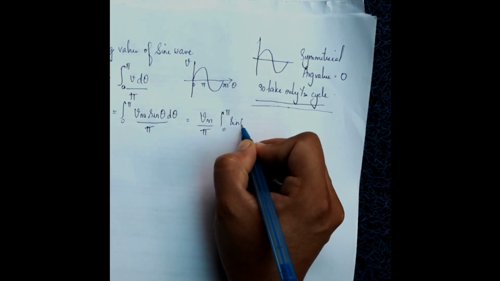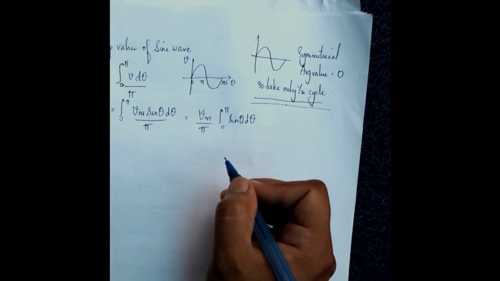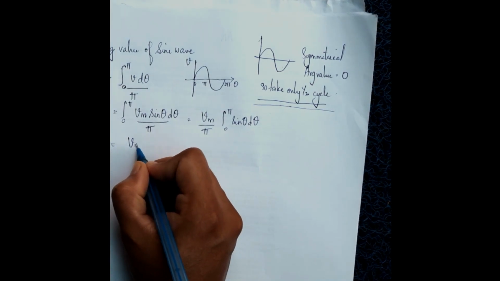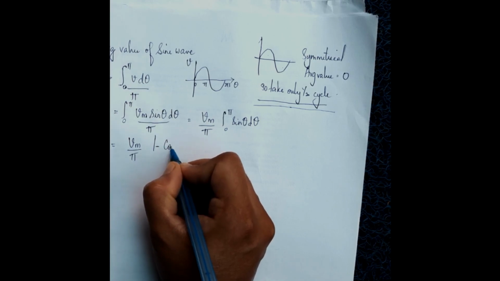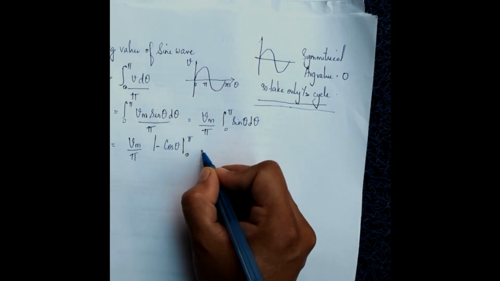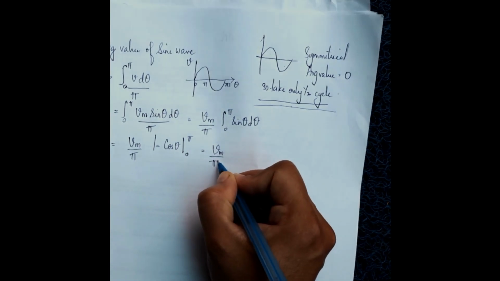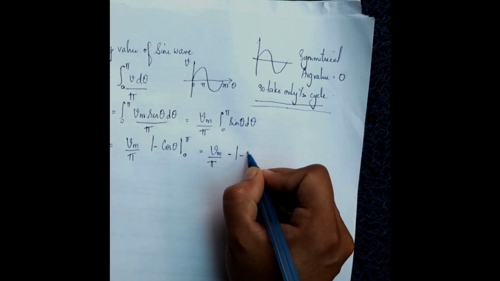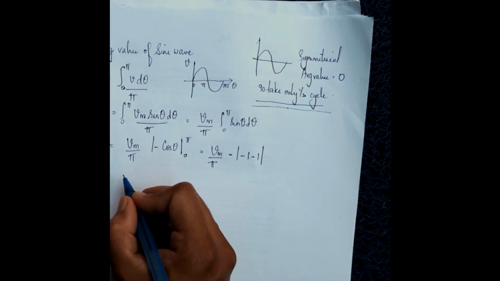Integral of sine theta is minus cos theta. And from the value 0 to pi, substitute the value of cos theta for pi and 0, which will be minus 1 and 1.